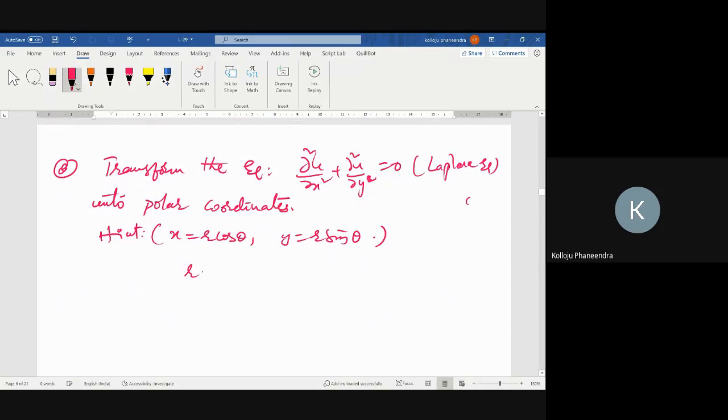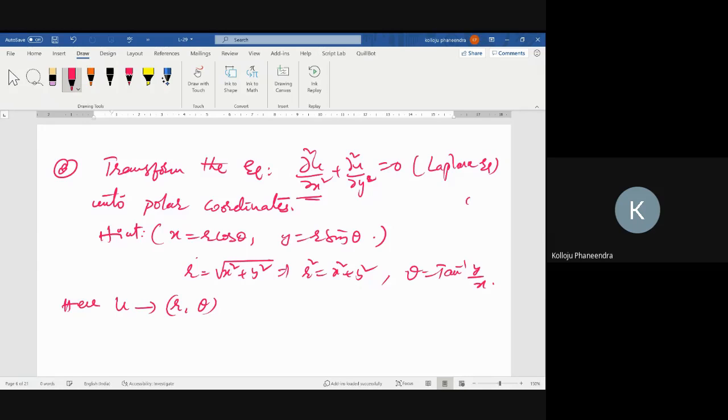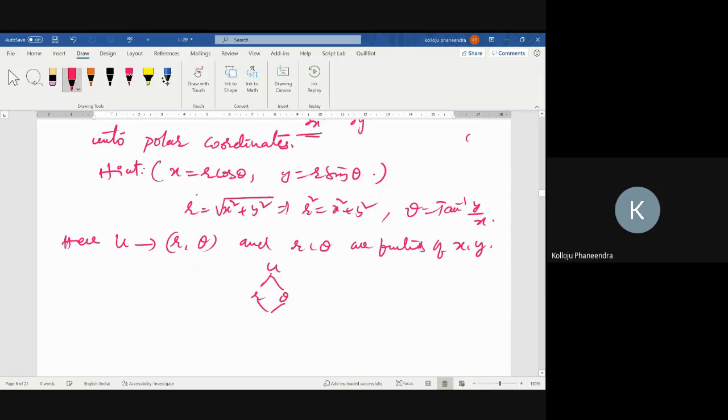Therefore, r equal to what? That implies r² equal to x² plus y², and theta equal to tan inverse of y by x. So I have to calculate what first? ∂u/∂x, then ∂²u/∂x². So the thing is here, u is a function of r comma theta, and r, theta are functions of x, y.